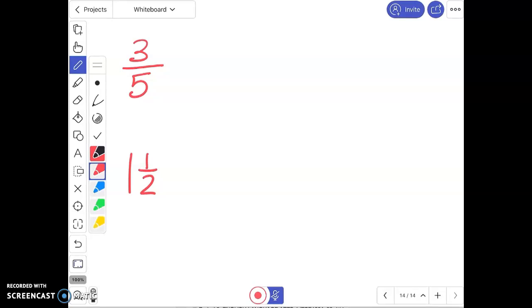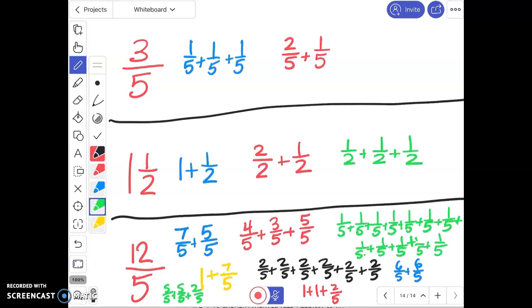And I want you to decompose, let me pick a good one for you, 12/5 in 2 different ways. So right now you're going to pause and you're going to decompose each of those in 2 different ways. When you unpause, all of the correct answers will be on the screen. Don't peek until after you practice. Pause now. Okay, so here are some correct answers for you to check with.